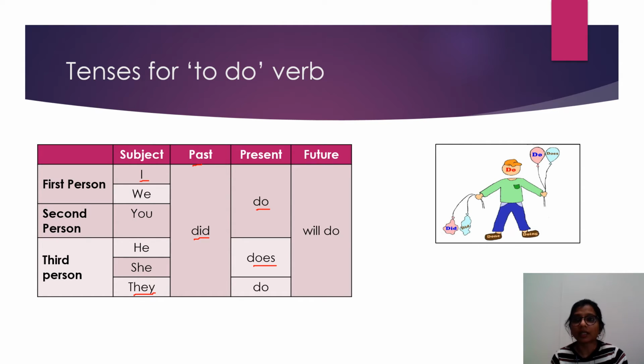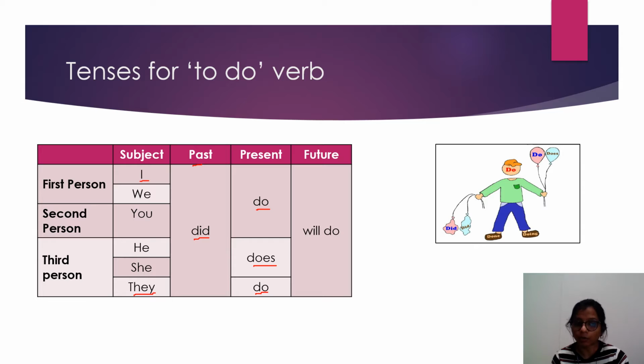Example, he does gardening or she does gardening. For the plural noun in the present tense, we use do, meaning they do gardening. Alright, so this is how you'll have to remember it. When you have a singular noun in the third person, you will use does.